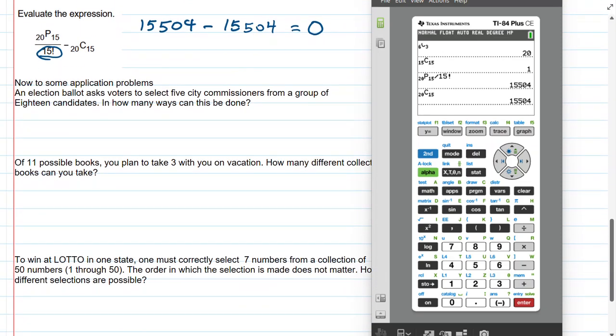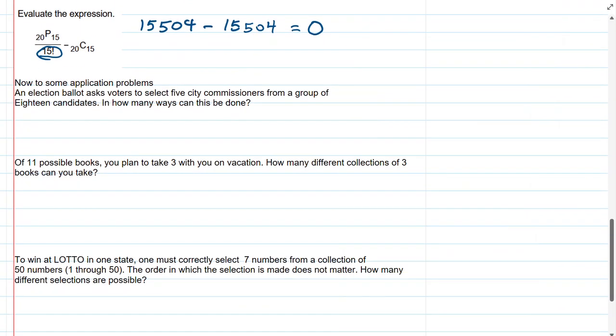So let's see what else we can get into. Now we're going to application problems. So we're reading for content. We're looking for buzzwords like groupings, committee, all of those items that we are looking for.